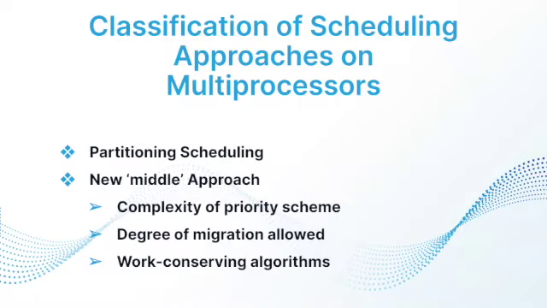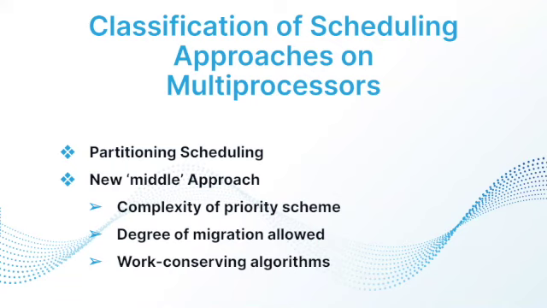Next step, we have to go over the classifications of scheduling approaches on multiprocessors. First, we have to talk a little bit about partition scheduling. Partitioning, on the other hand, uses the opposite approach of the global one, where each task is assigned to a single processor on which each of its jobs will execute, and processors are scheduled independently.